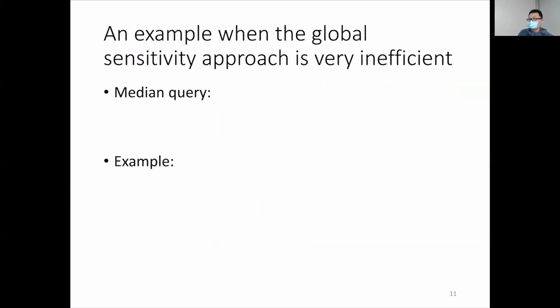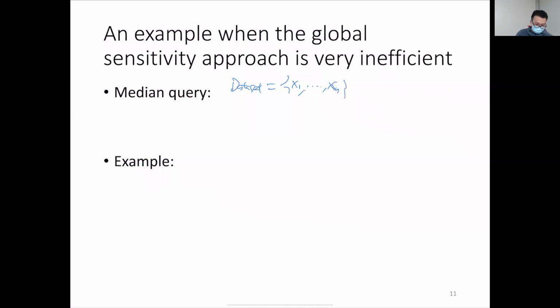Right, so you all know what a median is. You sort the sequence of numbers, you pick the one in the middle. So that's a median. So let's say the data set is again x1 to xn.